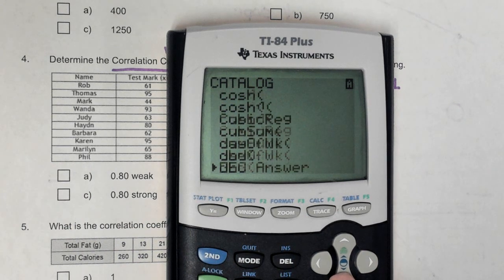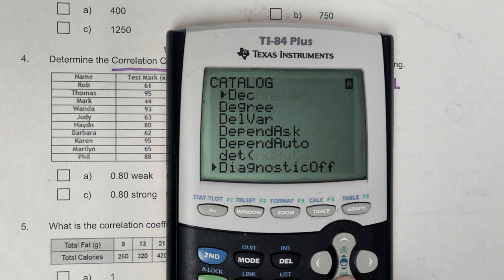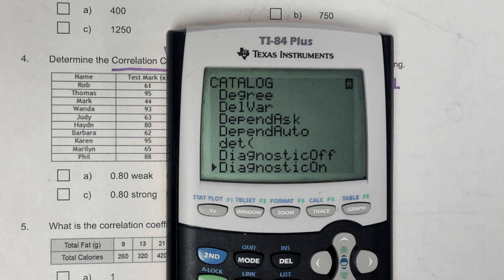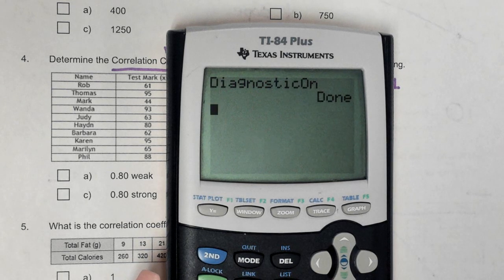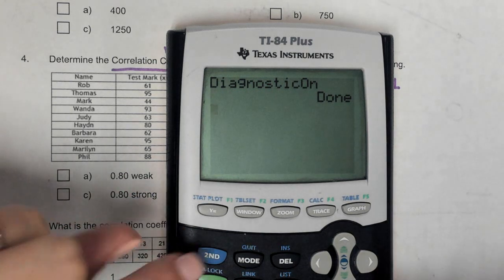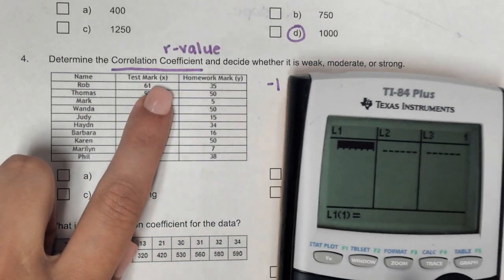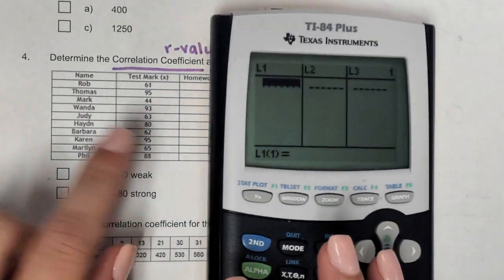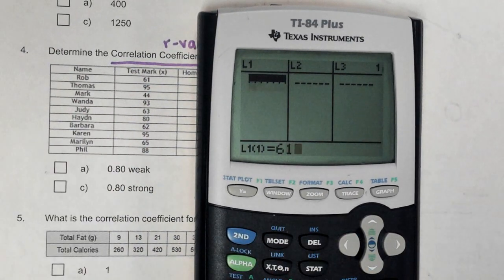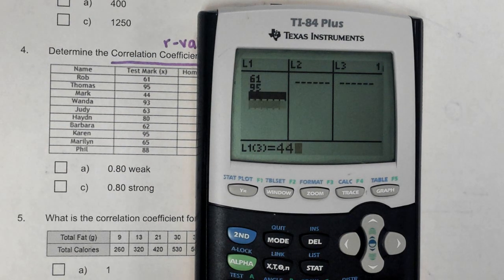On the day of the test, you're not going to have somebody walking you through the steps. You've got to remember how to do it. So diagnostics on, enter, enter. Done. Okay, then we click stat, enter to type in our points. This tells us that these are our X values. So I'm just going to type in each of those values. 61, 95, 44. Yes, you do have to type in all of your points.